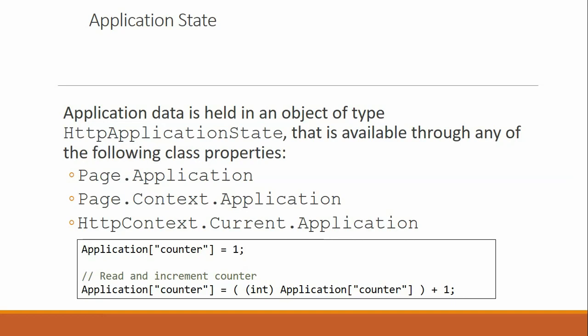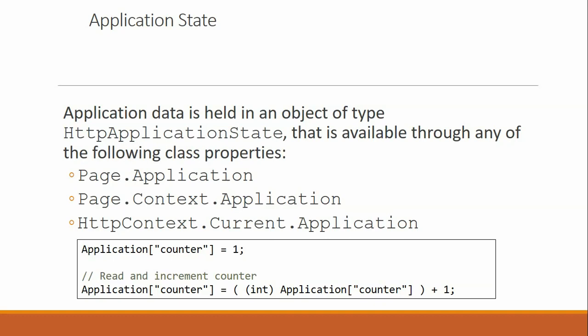You can see Application["counter"]. The first time the application counter is called, it will be 1. Next time another person visits, when you call this code, it should take the value which is there and add 1 to it. So you see +1 because I'm incrementing the count, as simple as that. But how do I get the value? I can't add 1 to an object; I have to add 1 to an integer.